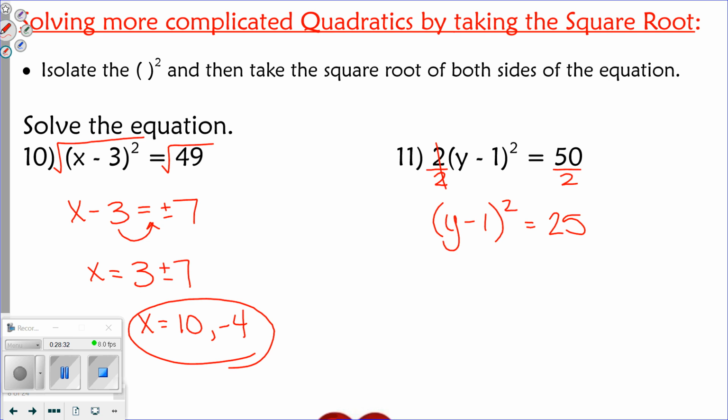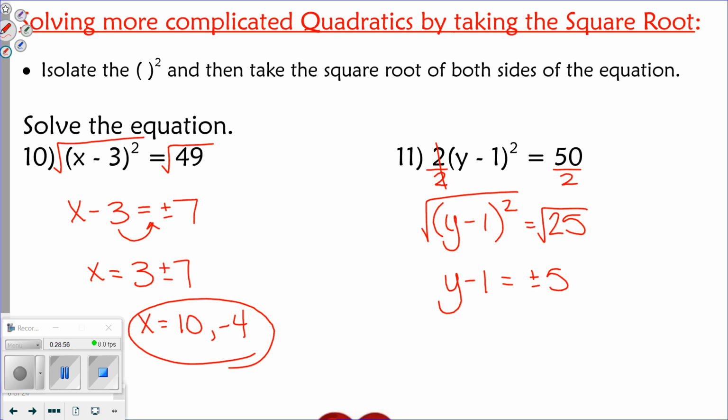Now my parentheses squared is by itself. So I can take the square root of both sides. What's the square root of y minus 1 squared? Y minus 1. Square root of 25? Thank you. Plus or minus 5. Some of you are getting the hint when I pause and don't write something down.